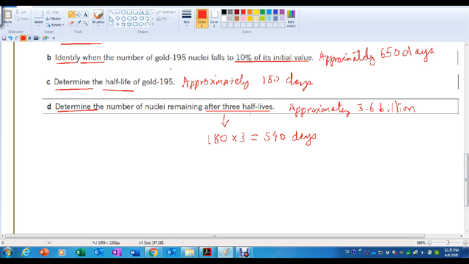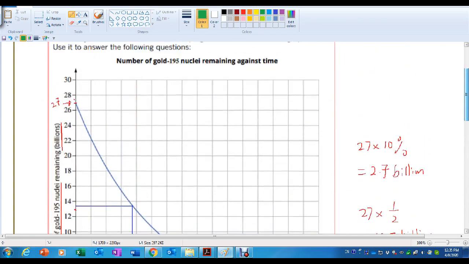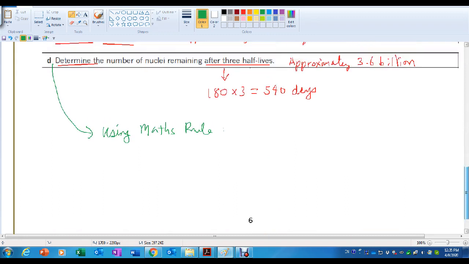So if we are going to do it in a mathematical way, using the math rule, what we're going to do is about the number of undecayed nuclei. So I'm going to use this formula. After 3 half-lives.